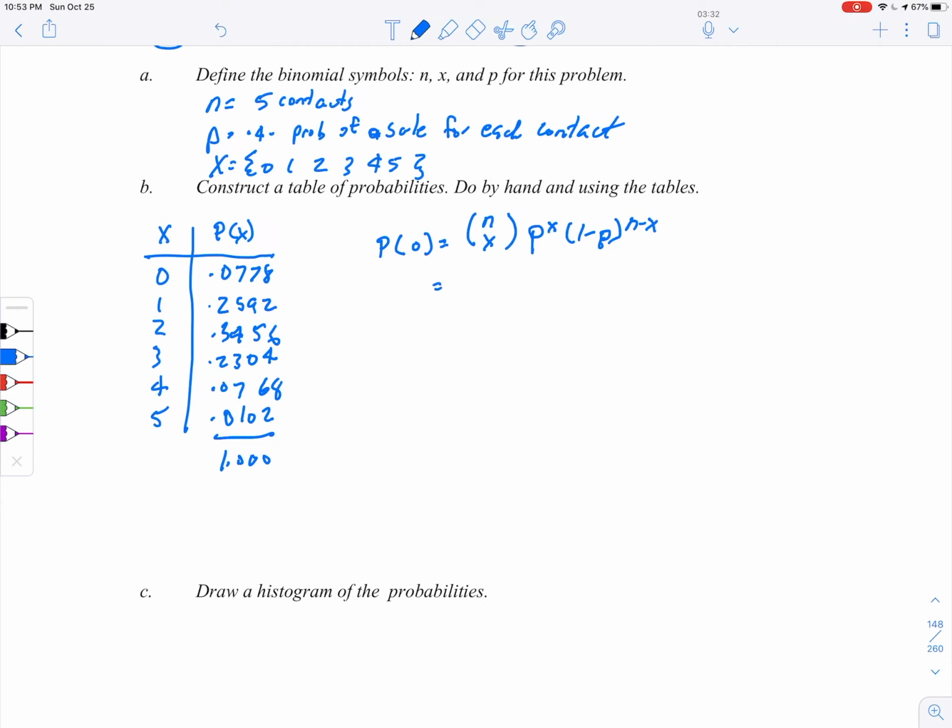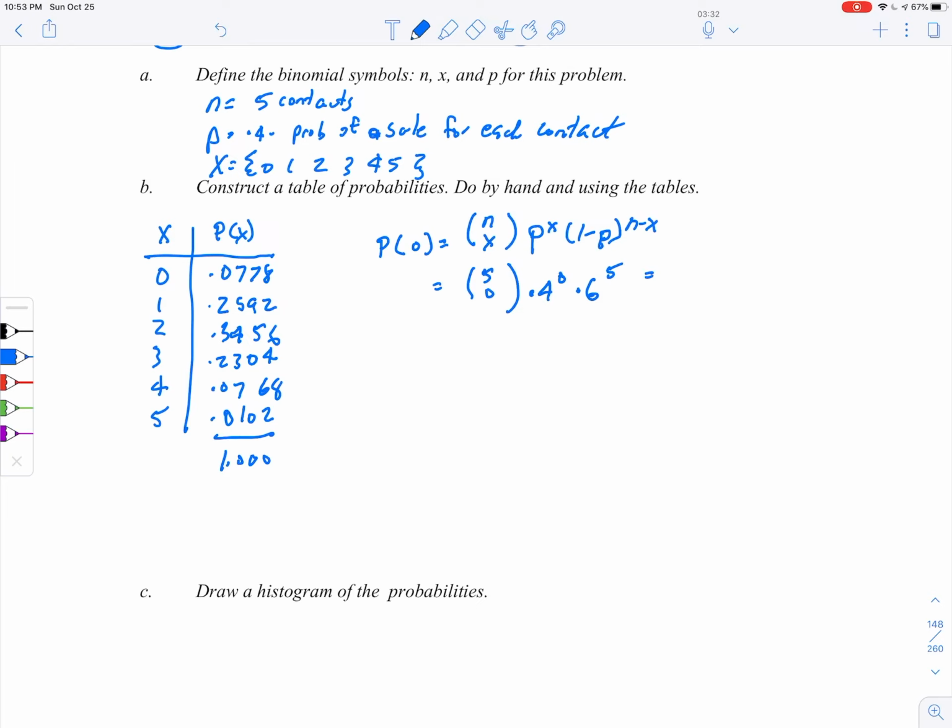And so that's going to be equal to 5 choose 0 times 0.4 to the 0 power times 0.6 to the 5th power.